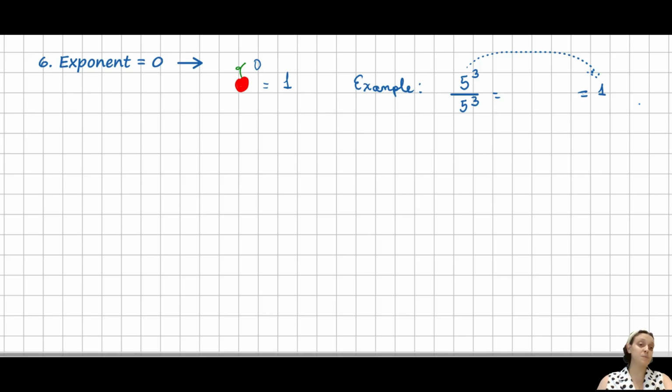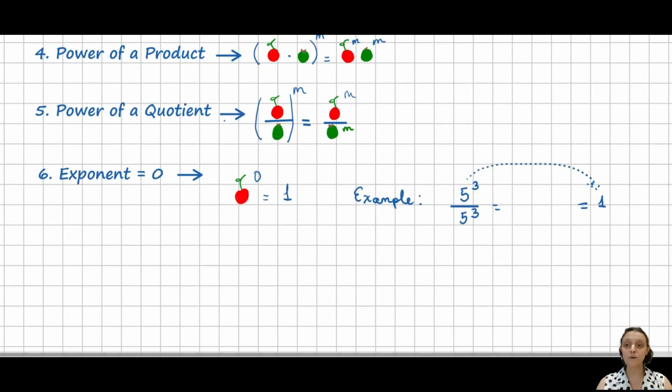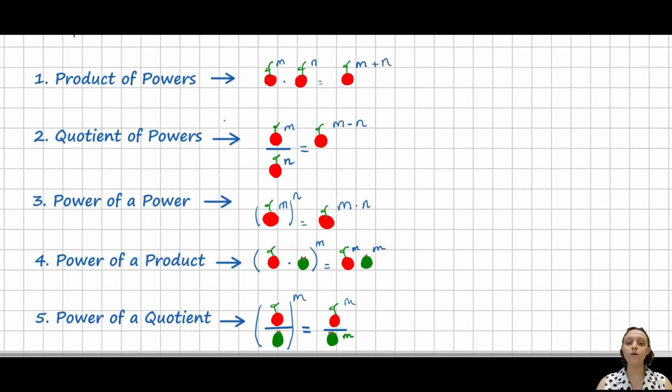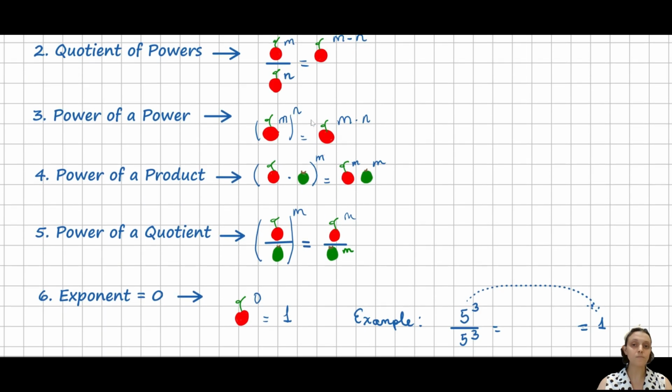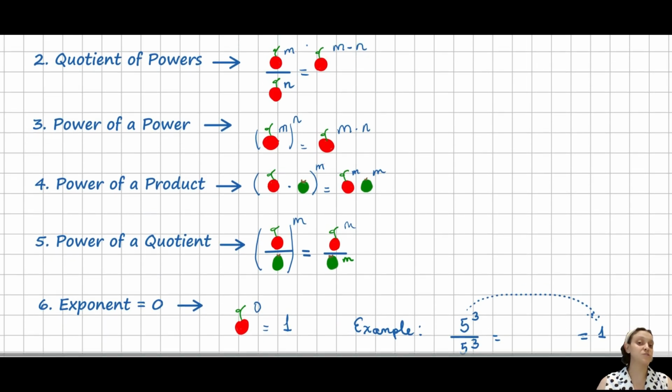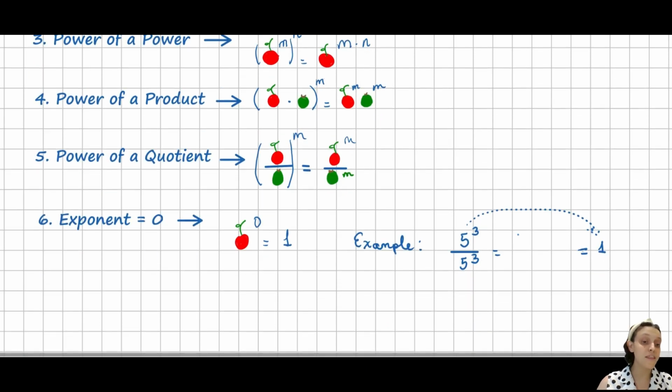So this becomes 1 because we already know this from a very long time ago, but applying properties, what do we get? In this case, we would have to apply the quotient of powers, where we have apple to the power of m divided by apple to the power of n, and it becomes 1 apple and the subtraction of the exponents. So here we're going to do the same.